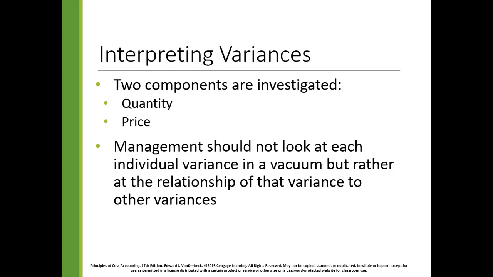We talked about this with material variance. For example, we can investigate a quantity variance or a price variance. And as it's showing here, management should not look at each individual variance, but rather at the relationship of that variance to other variances.